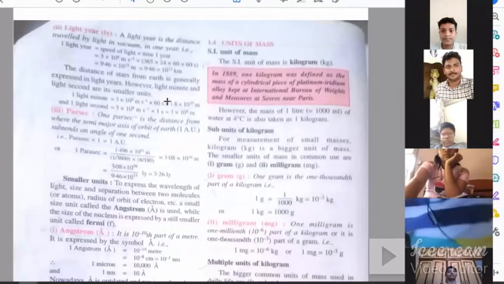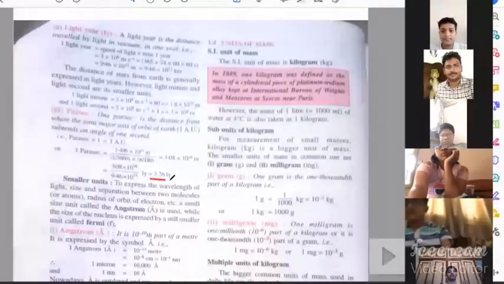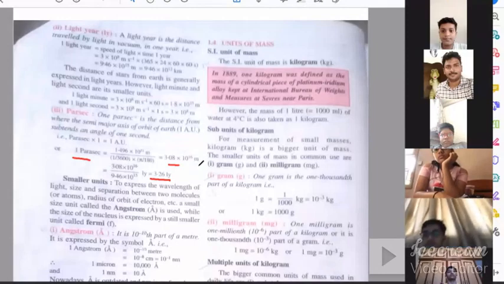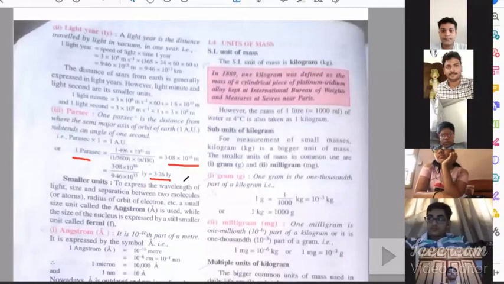See, you need to learn this. 1 parsec is approximately equal to 3.26 light years. So you can see the distance is quite big. 1 parsec is 3.08 into 10 to the power 16 meters, and that is also said to be 3.26 light years. Now I can ask a question in the exam: parsec or light year, which is the bigger unit?